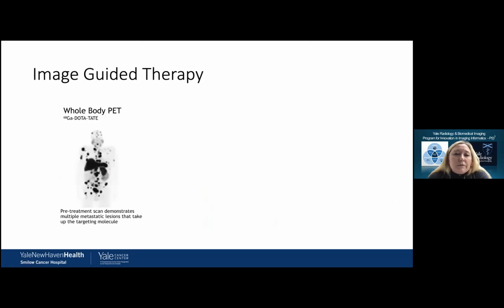So to just kind of overview this again, in terms of image-guided therapy, you can select patients for whether they are eligible for this kind of therapy with your imaging agent, gallium dotatate, and you can see if the patient expresses the somatostatin receptors in the body. And in this particular patient, there are multiple metastatic lesions that can take up the targeting molecule. Then you bring the patient in and you provide intravenous therapy that is basically the same as the imaging agent, except it has the radionuclide that causes DNA damage.